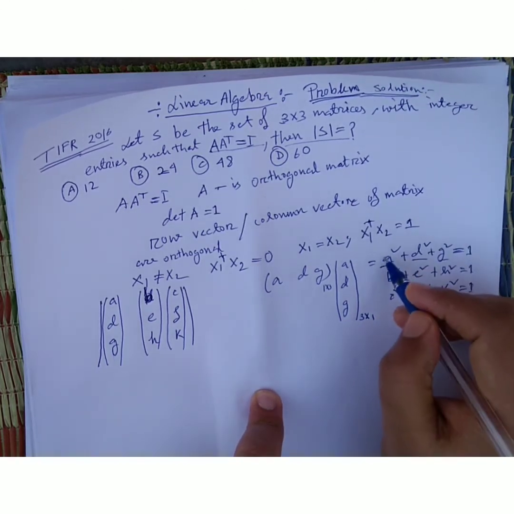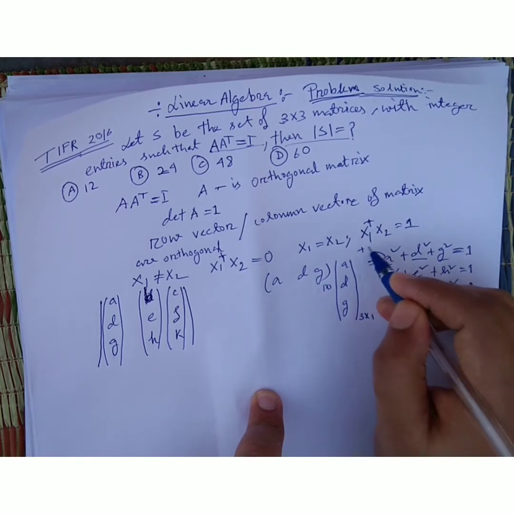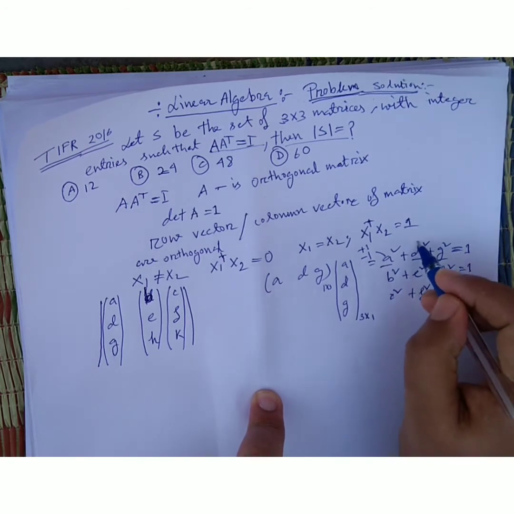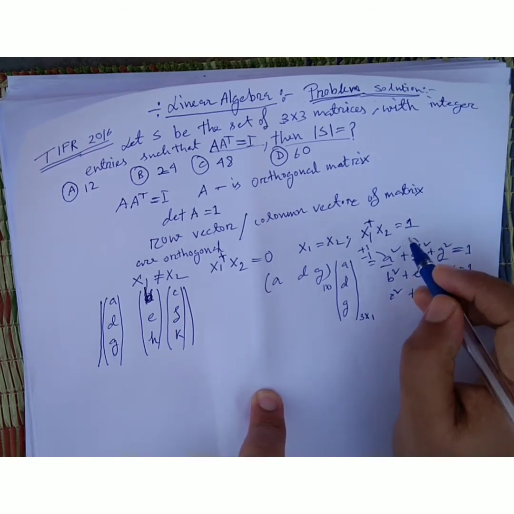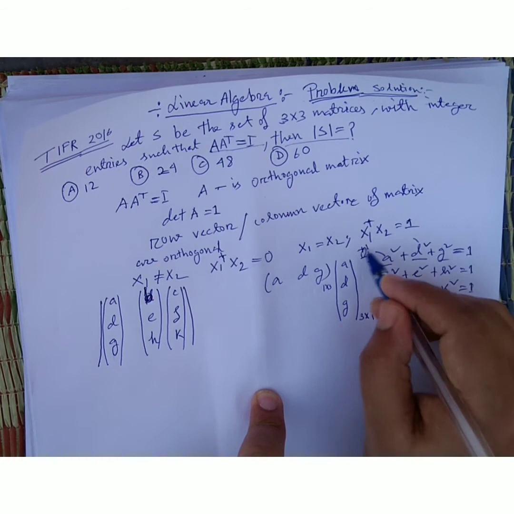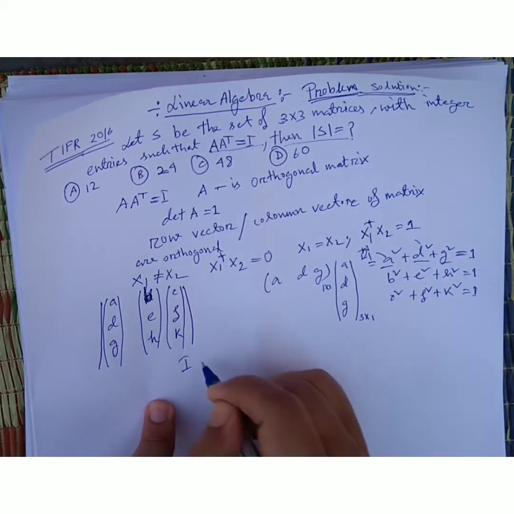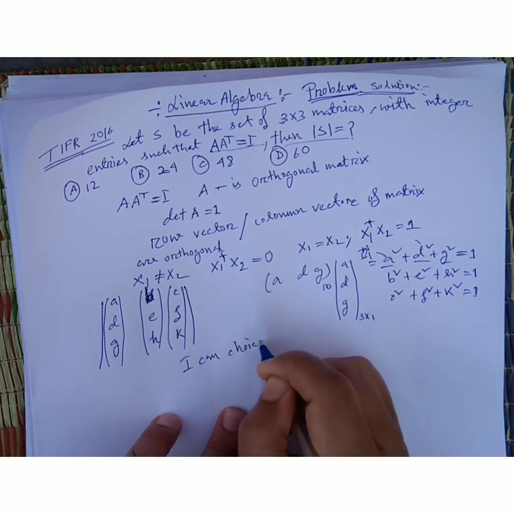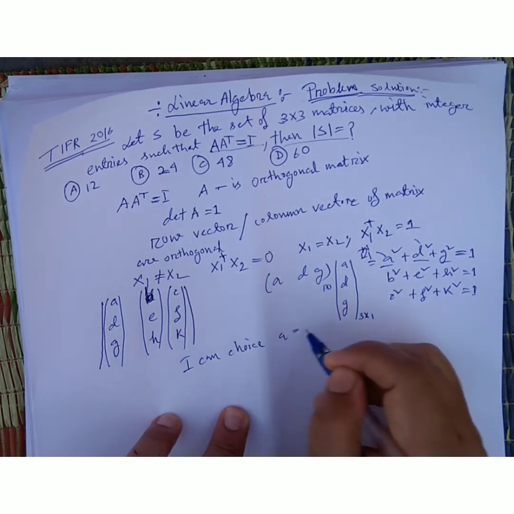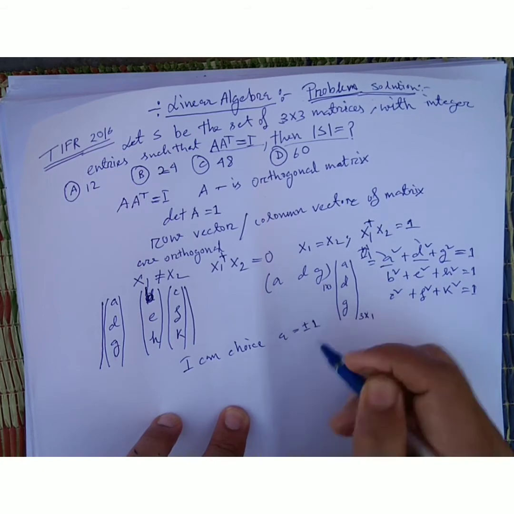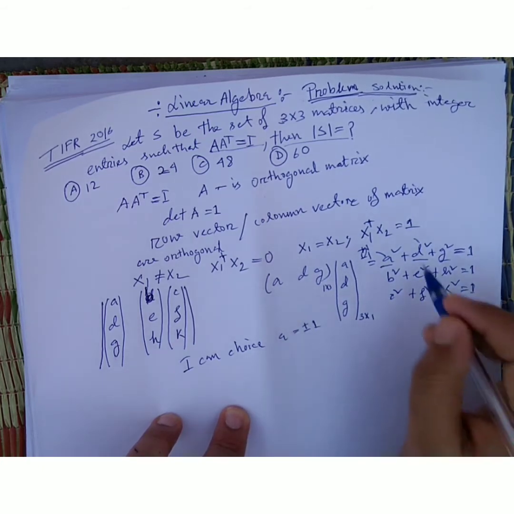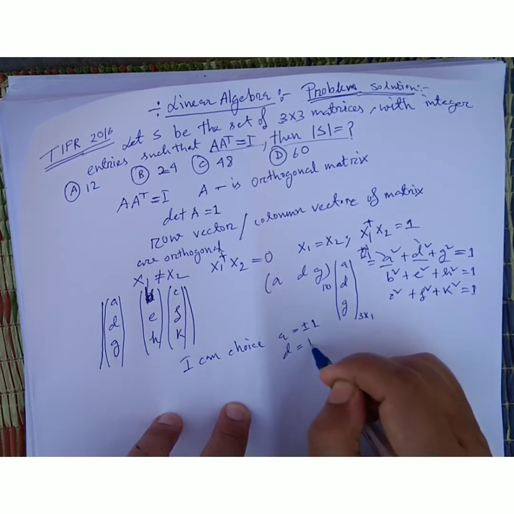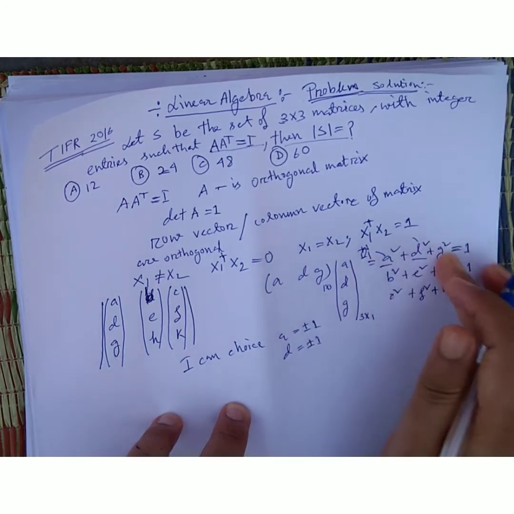So friends, you see that A square, D square and G square are squares of integers. A should be plus 1 or minus 1, then D and G should be 0. Or D is plus 1 or minus 1, then the others will be 0.